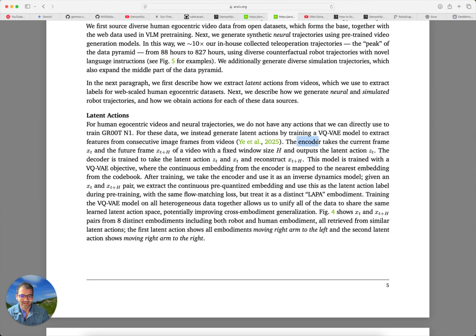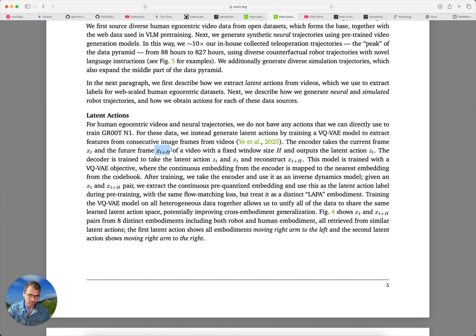So they use the encoder of the VQVAE and train it to take the image at time step t, then the image at time step t plus h, in this case 16, and then predict the latent actions, that is a latent vector of actions z_t. Then you use the image at time step t and the latent action to reconstruct the future image at time step t plus h.